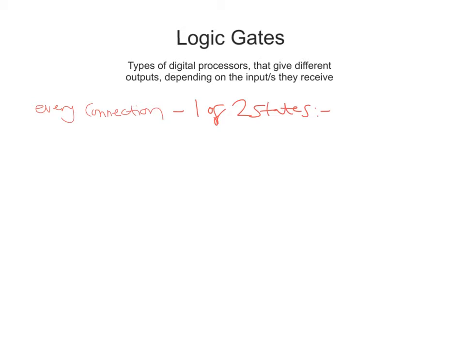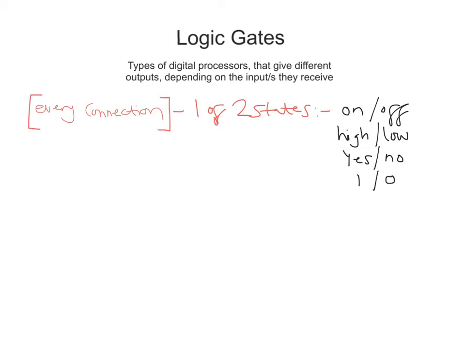And that's either on or off, high or low, yes or no, or even numerically 1 or 0, and you can kind of see where this is going. So every connection, digital connection, is in one of two states.